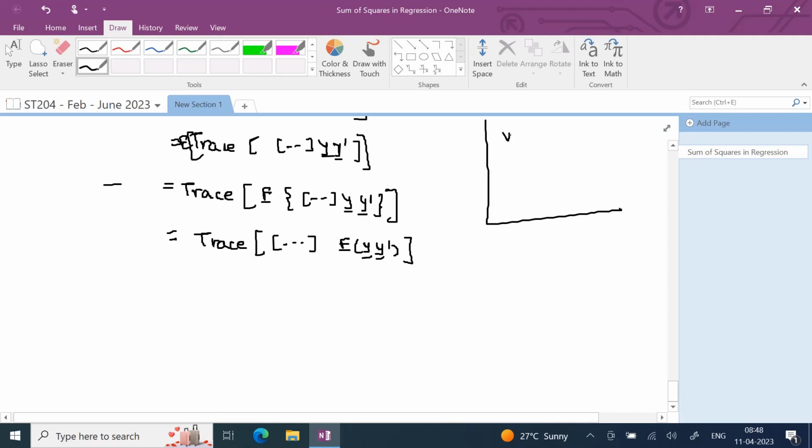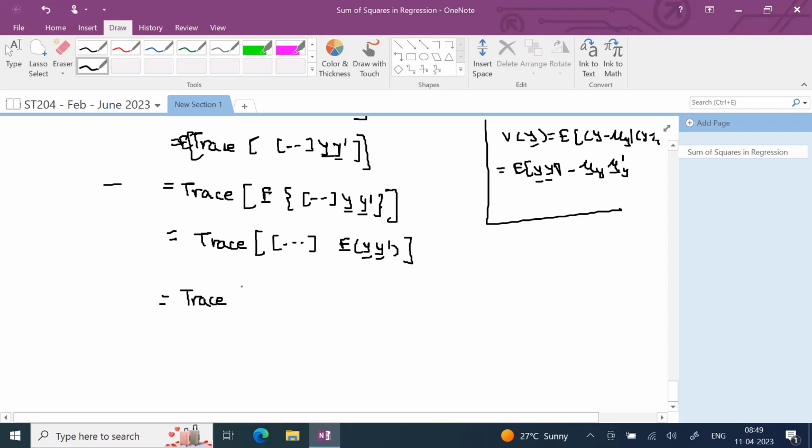We know the variance of any vector y is the expectation of (y minus mu y)(y minus mu y) whole prime. So we can write this as the expectation of y y prime minus mu y mu y prime. So the expectation of y y prime is the variance of y plus mu y mu y prime. I'm going to substitute that here.